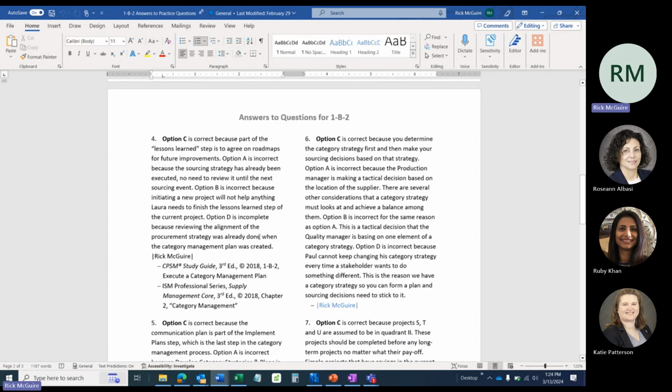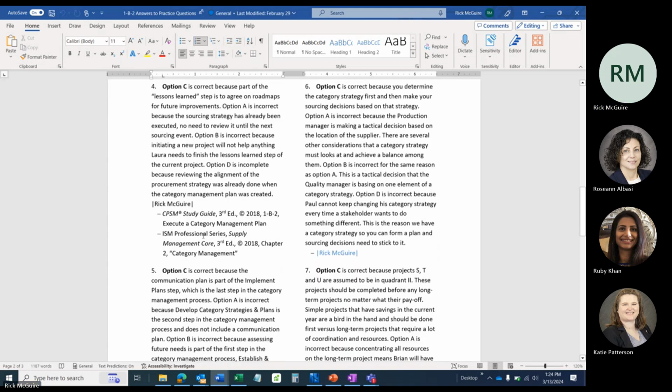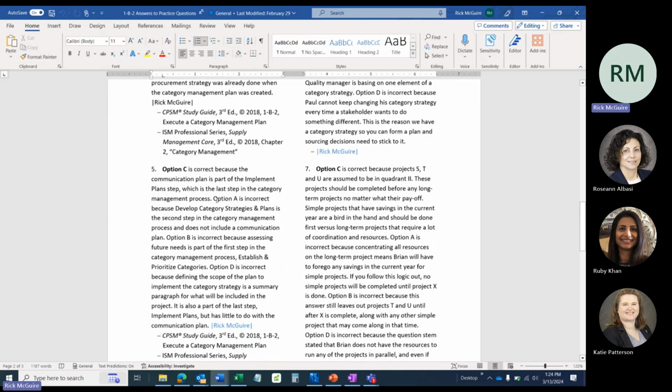Four is Charlie. Part of the lessons learned step is to agree on roadmaps for future improvements with the supplier. Five is Charlie. Communication plan is part of the implement plan step, which is the last step in the category management process.